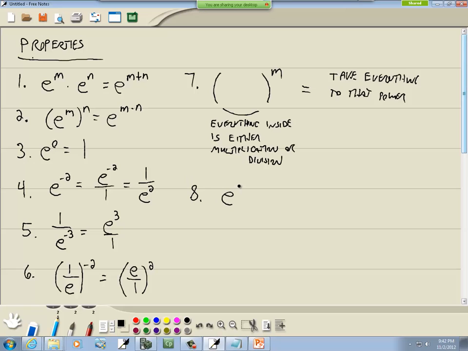Now if you have e to a power over e to a power, a lot of books list that as subtraction, but I like to think of it differently.